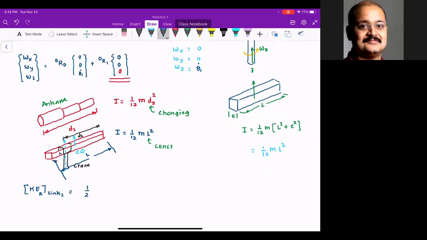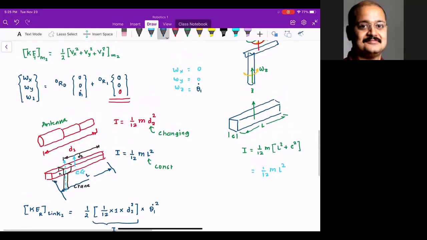That is going to be 1/2 times M1, D2 squared, multiplied by, this is just the value of I, okay? Multiplied by the value of omega, which is θ1 dot squared. Are you with me so far?